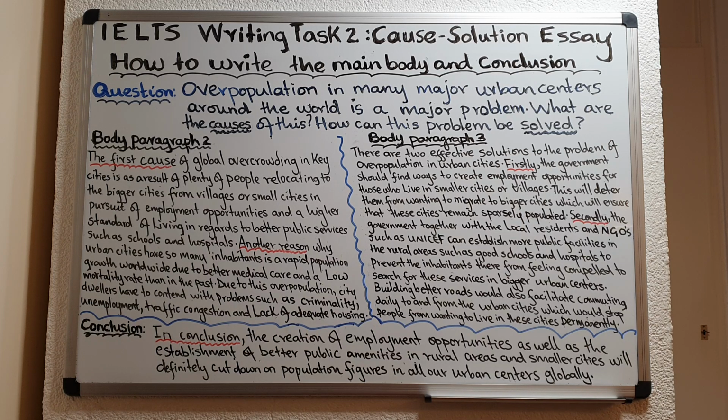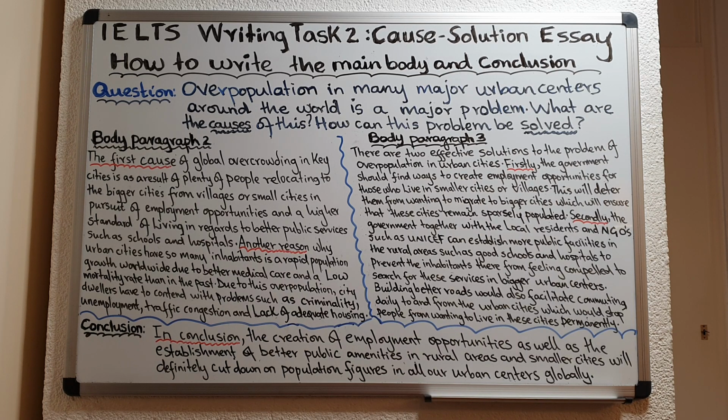Now, before we begin the lesson, I would like to point out a few things about writing task 2. The first thing is that writing task 2 for the general training students and the academic IELTS students is exactly the same. It's written in the same way and it is marked in the same way.